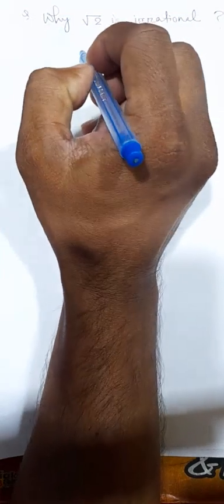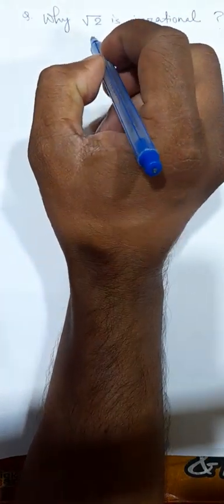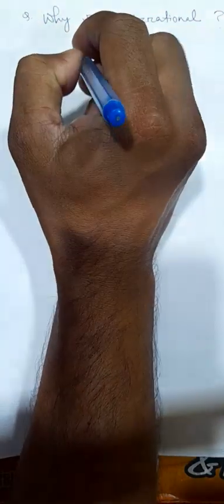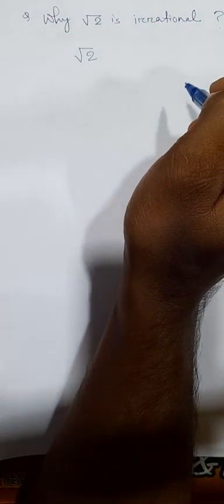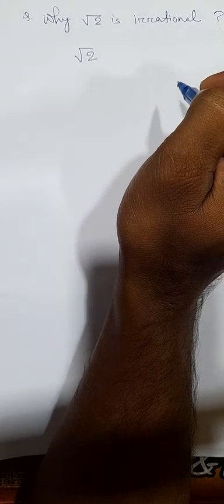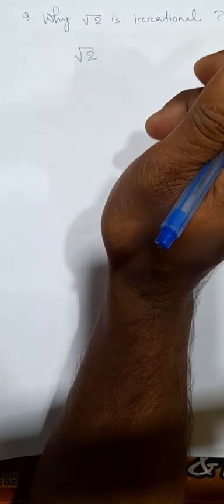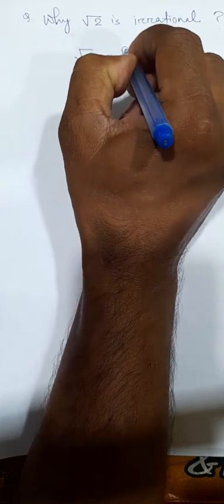Now let us discuss why square root of 2 is irrational, or square root of 2 is not a rational number. That means square root of 2 cannot be expressed in p by q style, where p and q are integers and p and q are co-prime numbers, q not equal to 0. So let's say square root of 2 is a rational number.